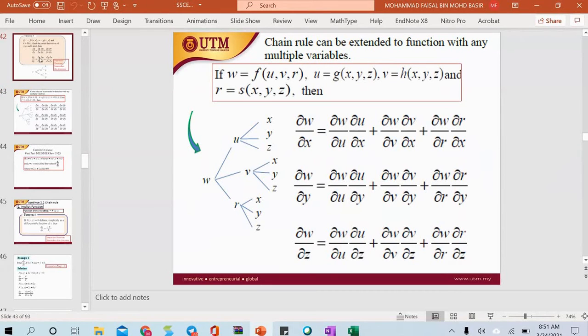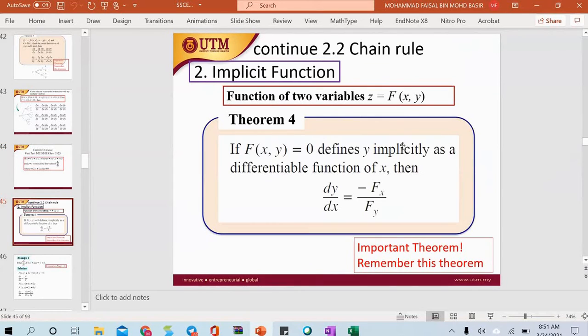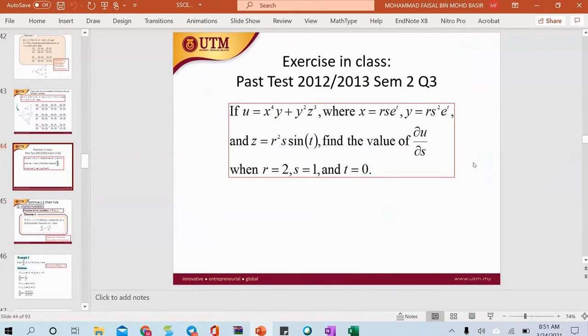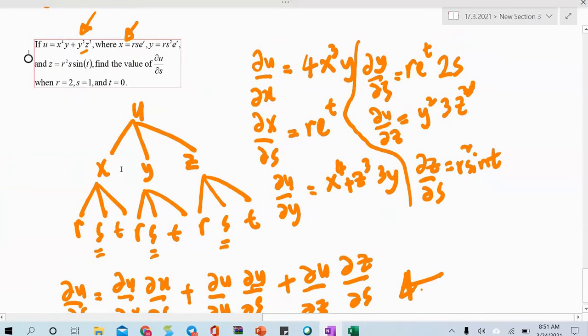Let's say they ask you to find del u del s, right? Just focus on del u del s. For this question, we have three things, right? You can do del u del r, del u del s, del u del t, but they only ask you to find del u del s. So you only have one value. To understand. Yes, doctor. Okay, good.